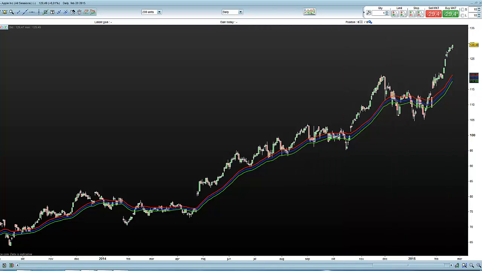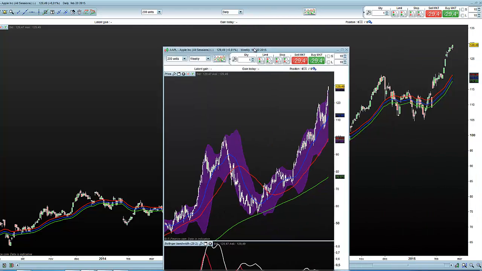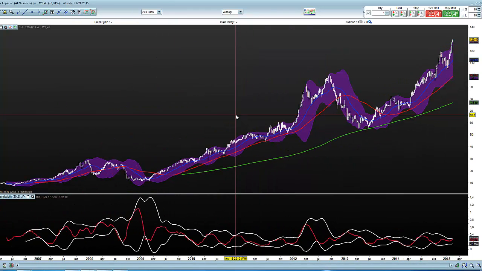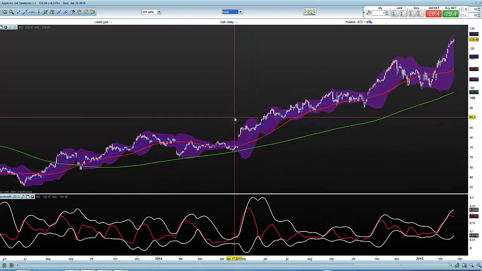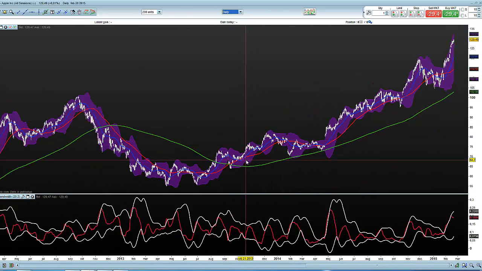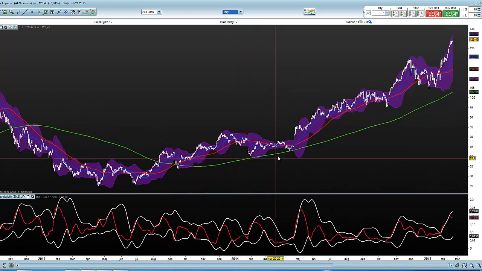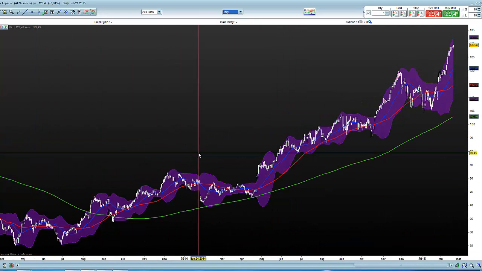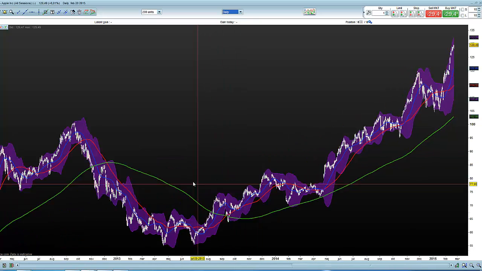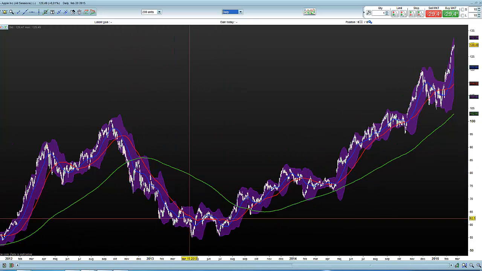And we're going to look at moving averages, especially the 200 moving average. Let's just make this a daily chart. People say when the stock is trading above the 200 moving average, then we've got an uptrend, and if we're trading below, we've got a downtrend. That's just a general rule.